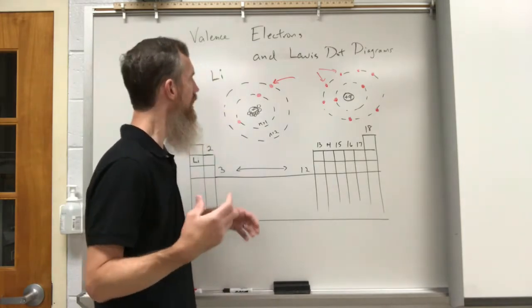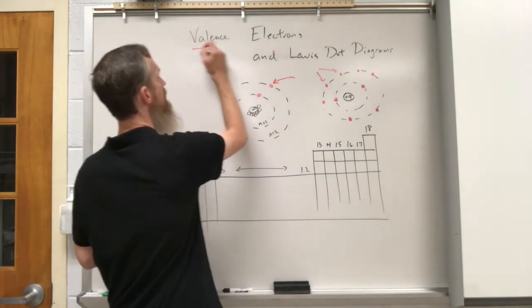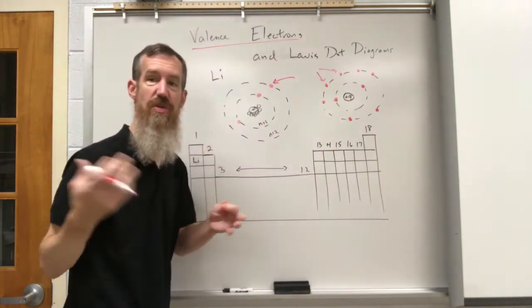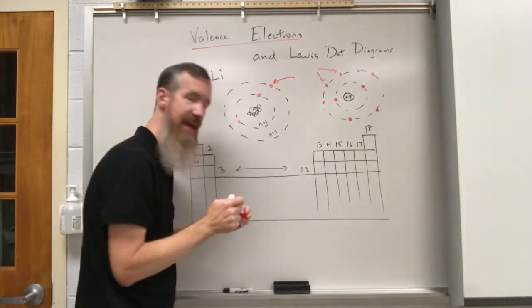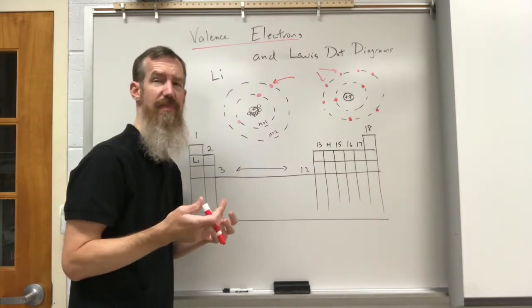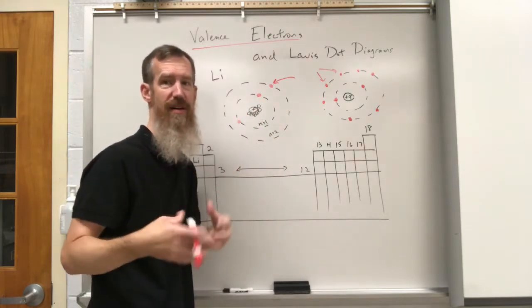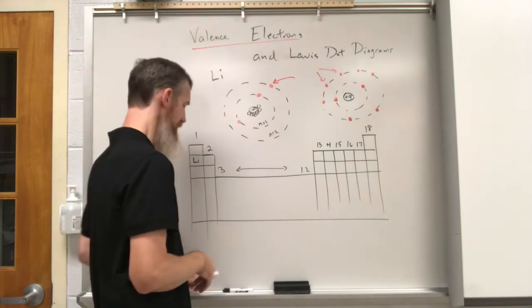Anyway, these outside electrons, well, they have a special name. They're called valence electrons, because those are the electrons that are bumping into other atoms. These inner electrons do not get as involved with chemical reactions. Yes, in some atoms, those inner electrons do get involved, but generally not as involved. They're not as important.